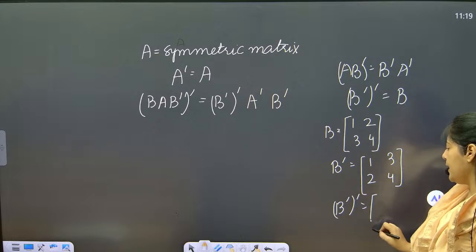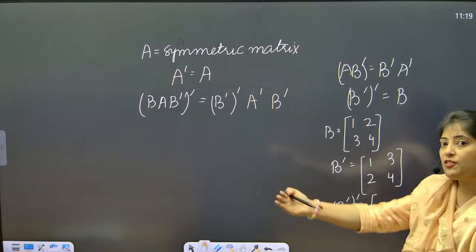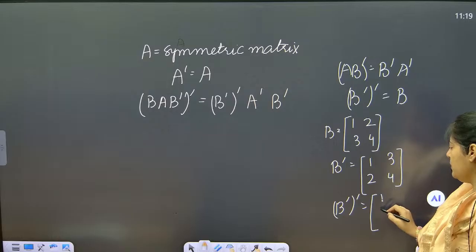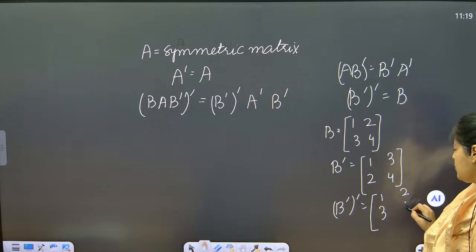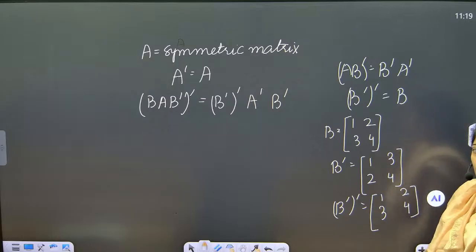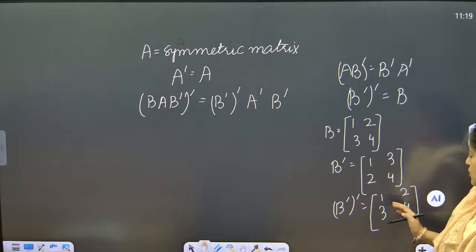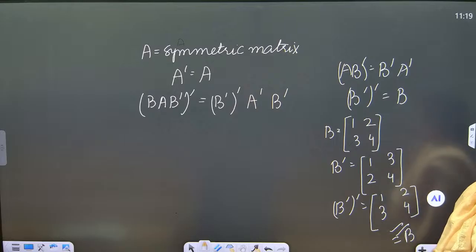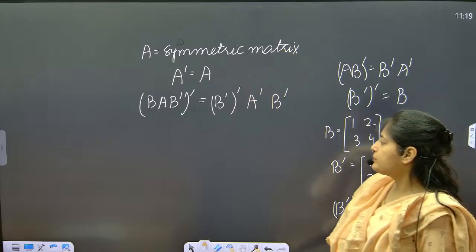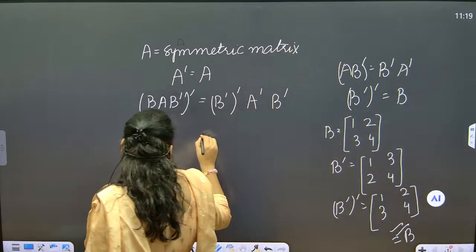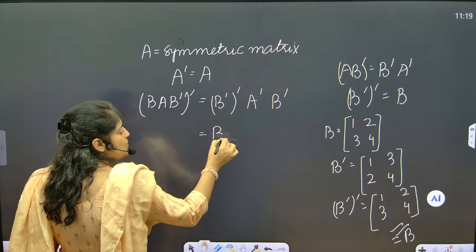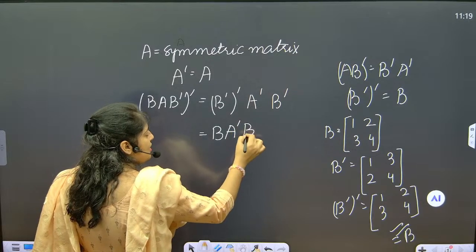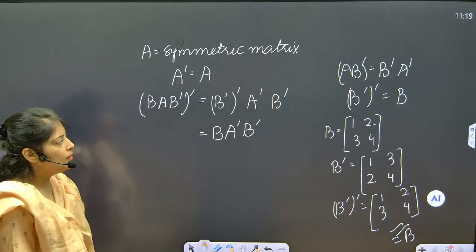Talk about its transpose again, transpose of transpose. Again the first row will become the first column, the second row will become the second column. So this is nothing but the original matrix B. It is getting matched with B only. So in the same way I'll write it here: B transpose transpose is B, A transpose as it is, B transpose as it is.